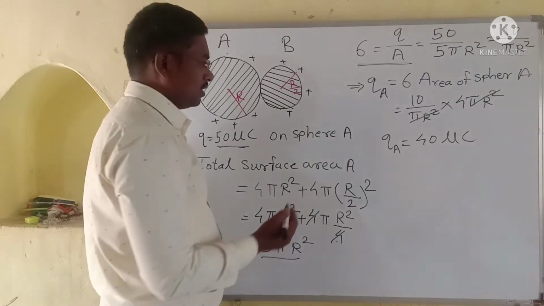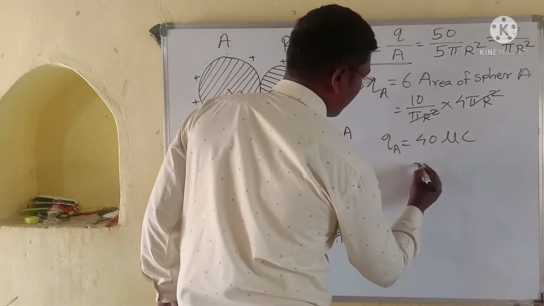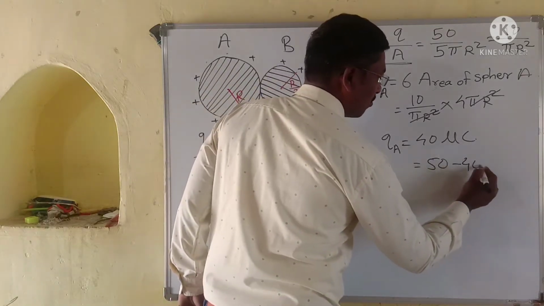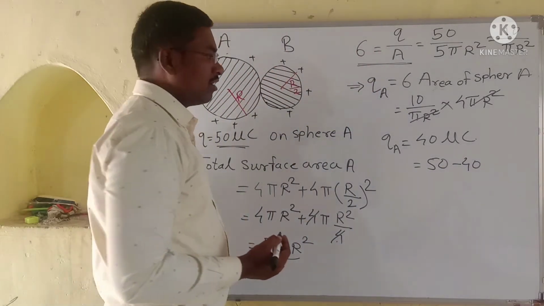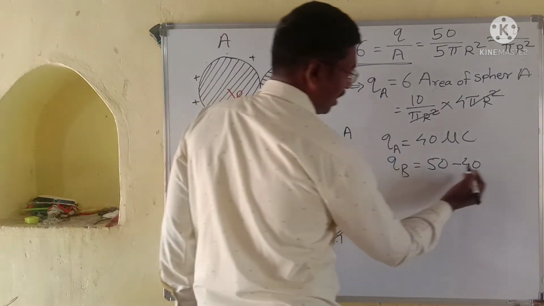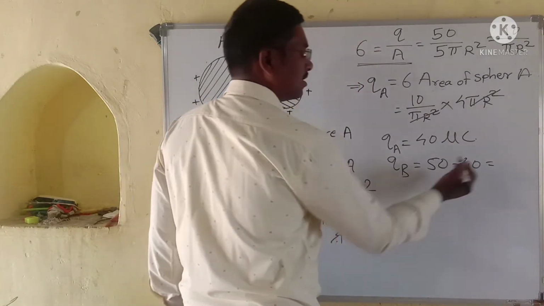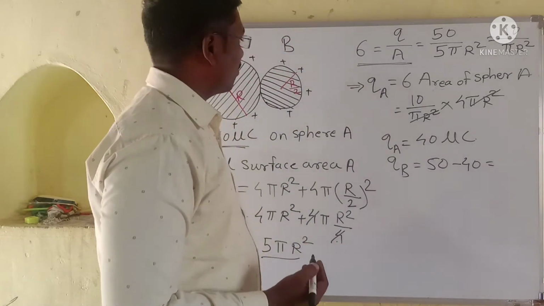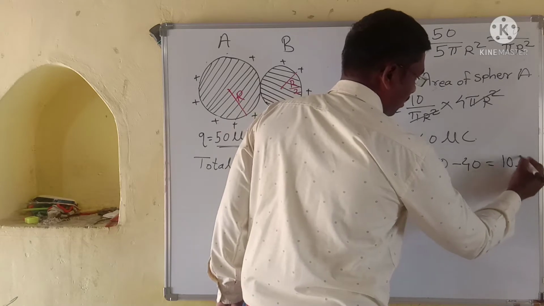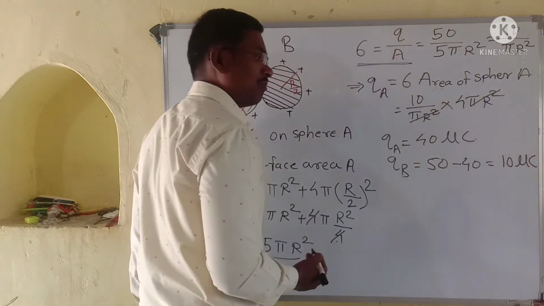Also, the total charge is 50 microcoulomb, out of which 40 microcoulomb is on sphere A. From this we get the charge on sphere B: 50 minus 40, total charge minus charge on sphere A, which is equal to 10 microcoulomb.